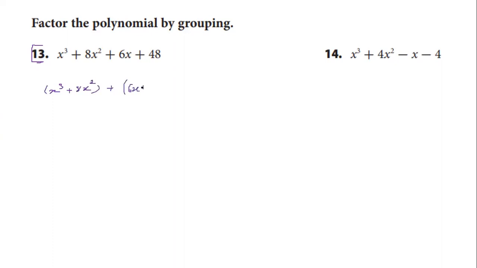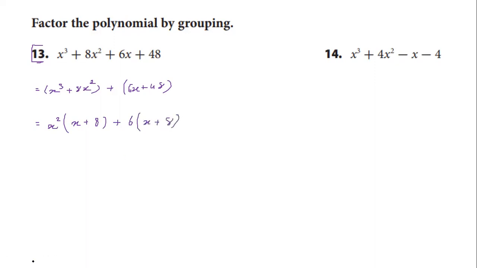Time for the GCF. We take a common factor for the first parentheses, x squared, and we still have x plus 8. Then for the second, take 6 as the common factor, and x plus 8 also.